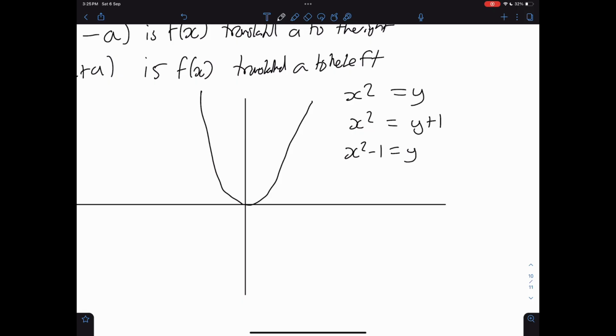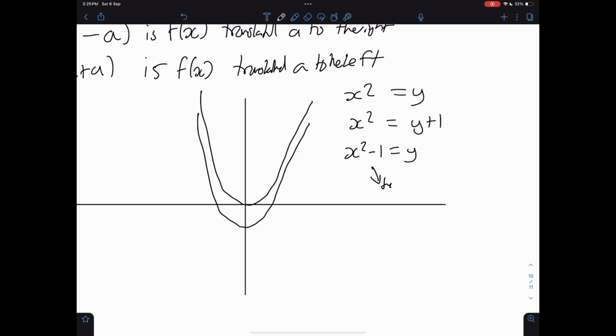It's saying that at any x value, we'll square it, and then we'll just take away 1. So we'll move 1 down. And so that's why you literally just get, it's simple.